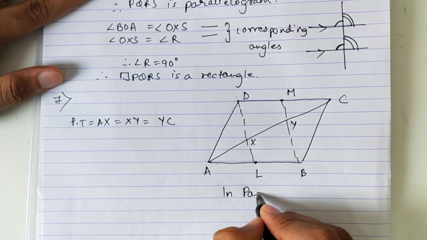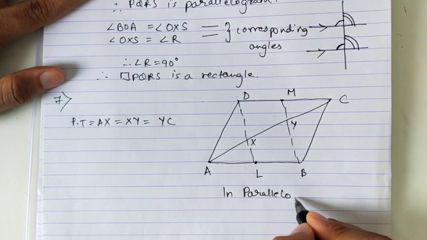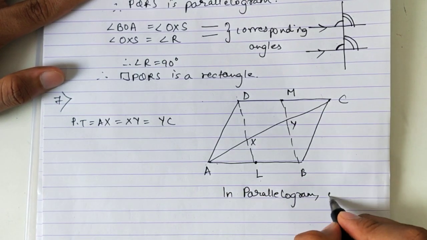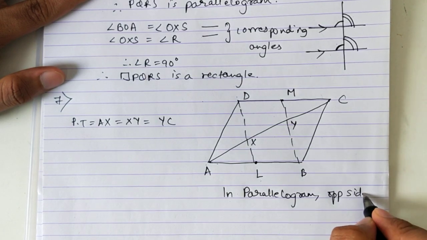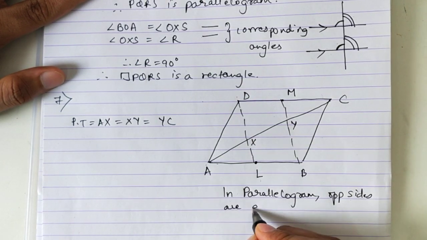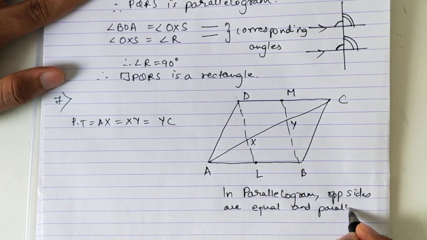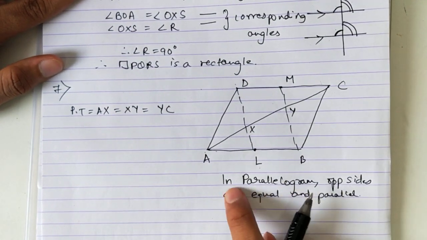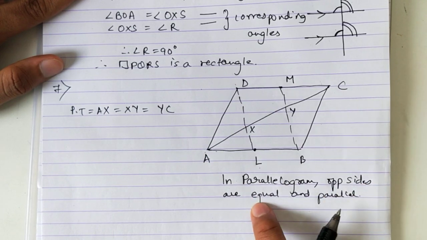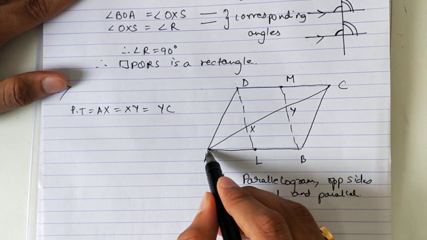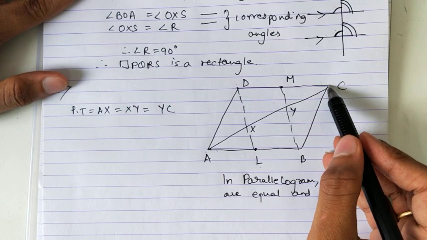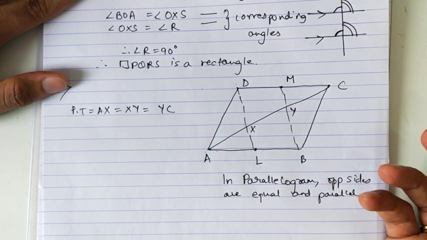In a parallelogram, opposite sides are equal and parallel. Okay, in a parallelogram, opposite sides are equal and parallel. So that means AB and DC are parallel and AB and DC are also equal.